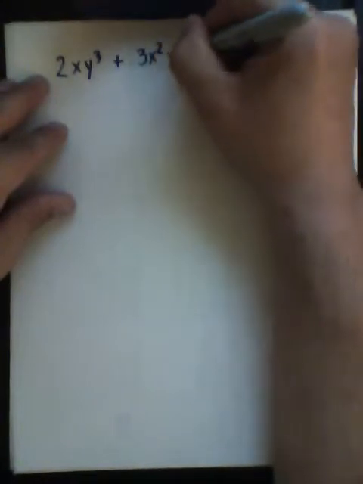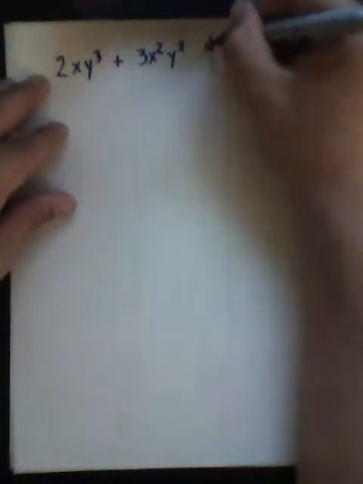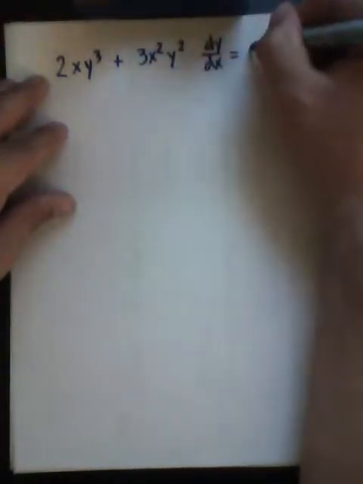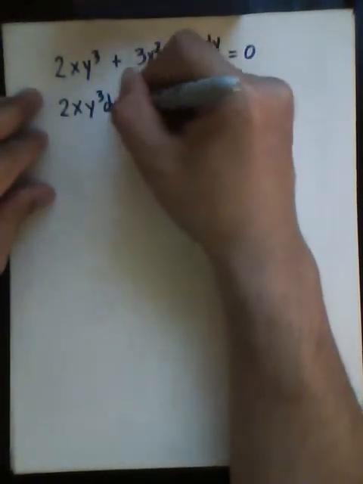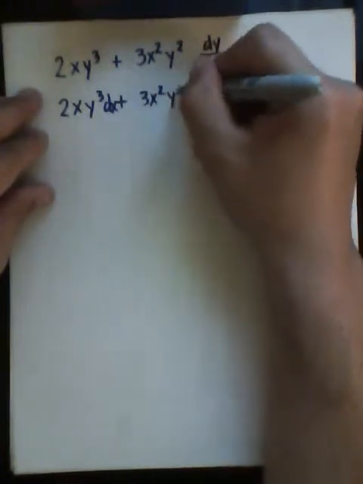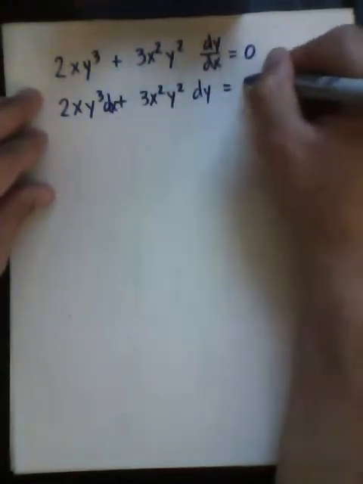Okay, so my example will be 2xy cubed plus 3x squared y squared dy/dx, let that equal 0. And this doesn't exactly look like the total differential just yet, so let's multiply everything by dx: 2xy cubed dx plus 3x squared y squared dy equals 0.